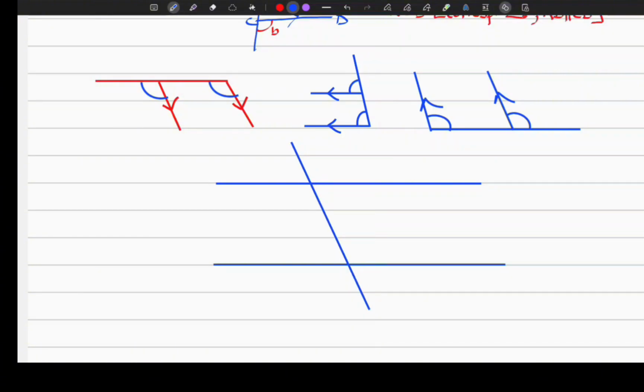Here we have several corresponding angles as long as these two lines are parallel, starting with this angle and that angle. Those are corresponding angles. That angle and this one are also corresponding angles. These are also corresponding angles. And finally, these two are also corresponding angles. So corresponding angles can come to you in different orientations.